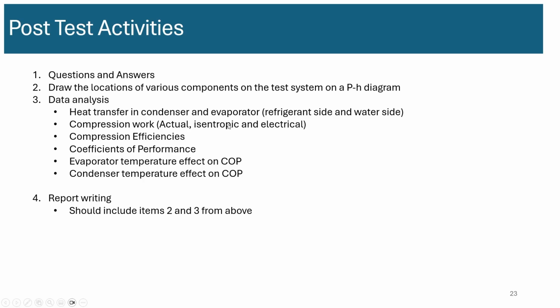Heat transfer in the condenser and the evaporator by calculating both the refrigerant and water side energy, compression work, actual isentropic and electrical compression work, compression efficiencies, coefficients of performance, evaporator temperature effect on coefficient of performance, condenser temperature effect on coefficient of performance. Then you should do the report writing, and the report should include whatever you found for items 2 and 3 from above.